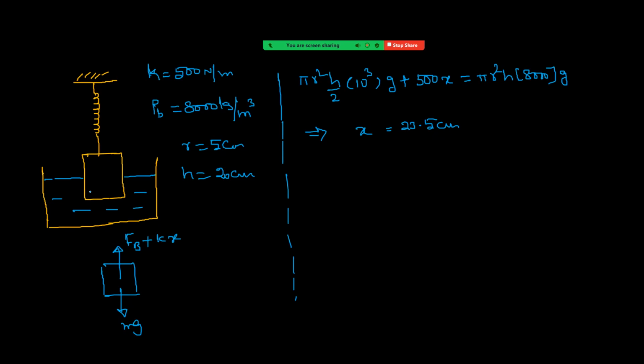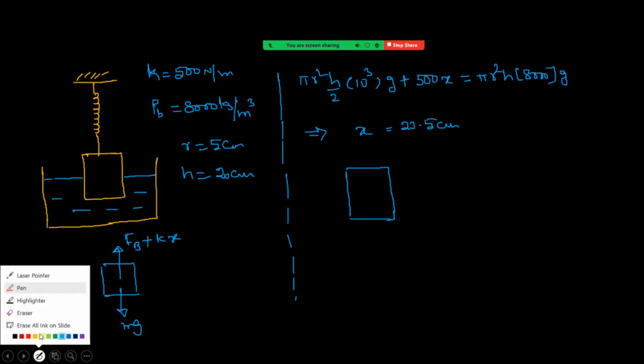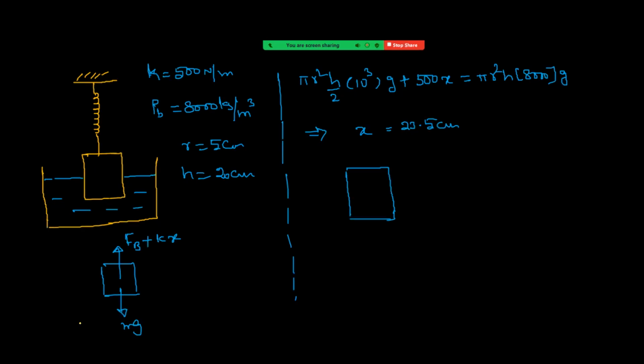So here it is in equilibrium, so net force is equal to 0. Now what they are doing is, see carefully, it is in equilibrium, net force 0. Let us now slightly press it down. Let us say it goes down by a distance y.